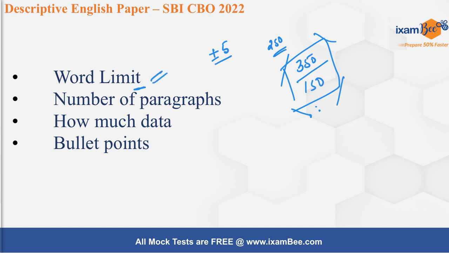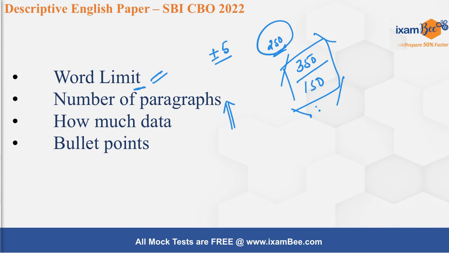How many paragraphs should be there? So number of paragraphs, again, it will depend on the words and the content of your essay. So in essay, sometimes they tell you to write a paragraph. So when it is written in the instruction, write a paragraph, then it should be one paragraph only. But here it is written essay.